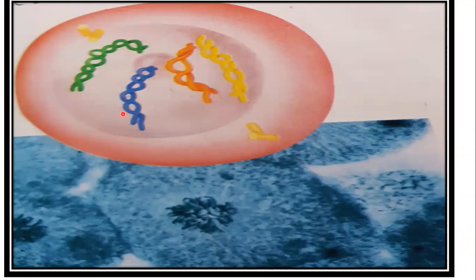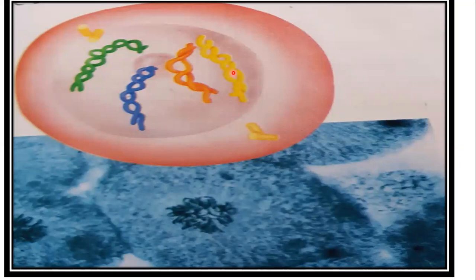The next phase is called prophase. Let's predict together what happened in this phase. Mitosis begins. These are chromosomes, all of these chromosomes. What happened to these chromosomes?